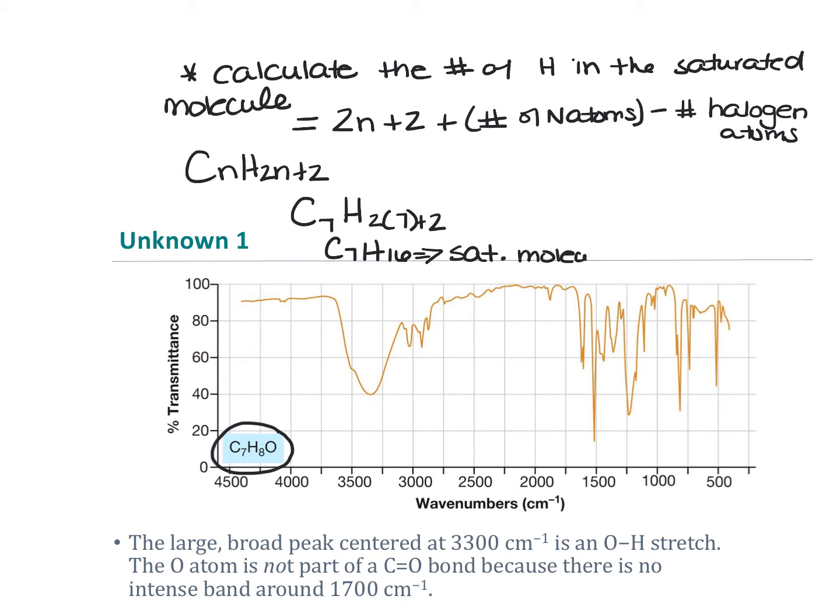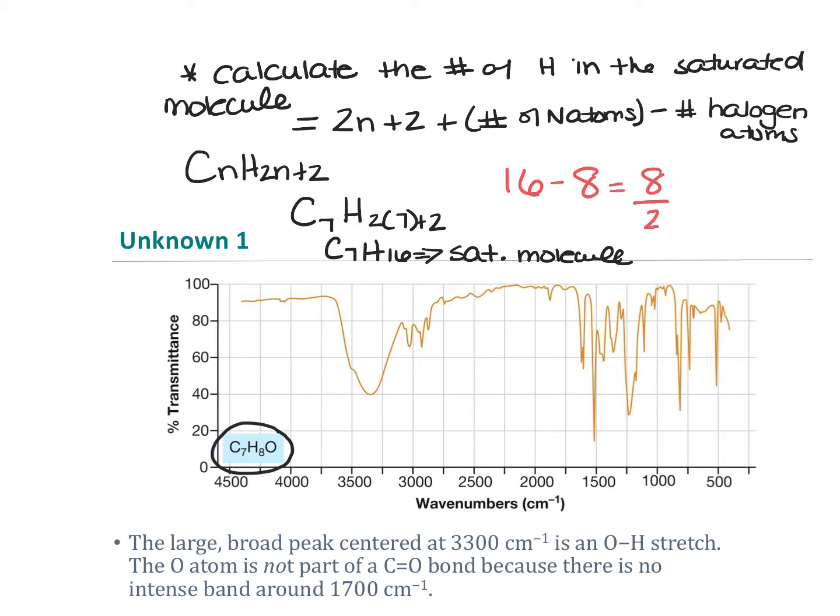So what we're seeing here is that this is not, in fact, a saturated molecule. What's helpful for us is to figure out how many hydrogens are deficient here. So we say, okay, we have 8 hydrogens, so I take 16, which is the number we would have if it was saturated, minus 8, and that gives us 8.